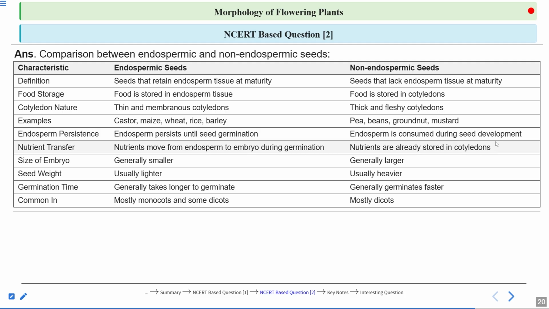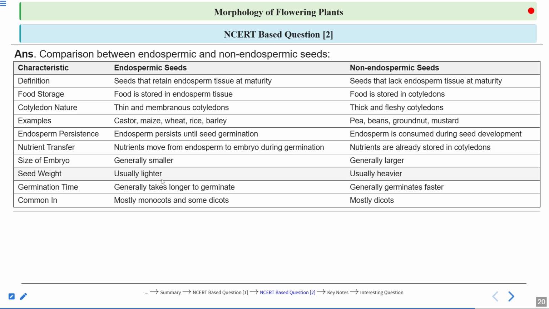In non-endospermic seeds, endosperm is consumed during seed development. Nutrient transfer: nutrients move from the endosperm to the embryo during germination, and in non-endospermic seeds, nutrients are already stored in the cotyledon. Size of the embryo: generally very small in endospermic seeds and generally larger in non-endospermic seeds.